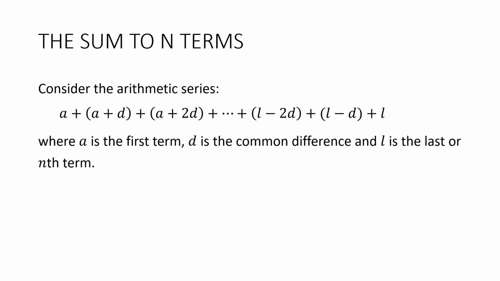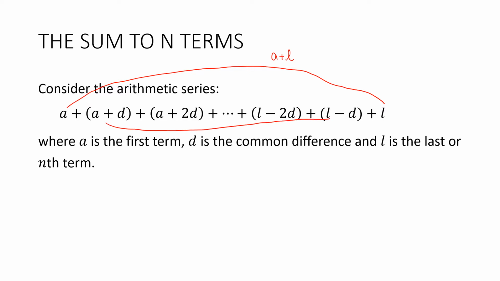Now to sum this, we're going to use Gauss's method. Remember how he added the numbers from 1 to 100? So let's have a look here. The first and the last term, that adds to A plus L. The second and the second last term is equal to A plus D plus L minus D, which is equal to A plus L. And the third and the third last term, this is A plus 2D plus L minus 2D, which is equal to A plus L. And all of them are going to add to the same thing.